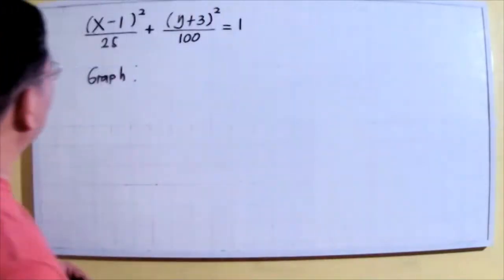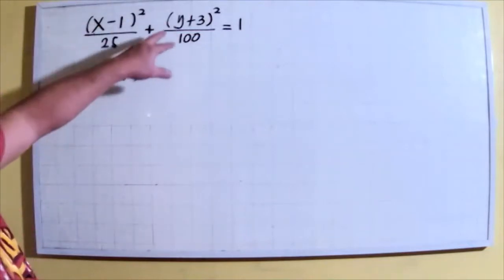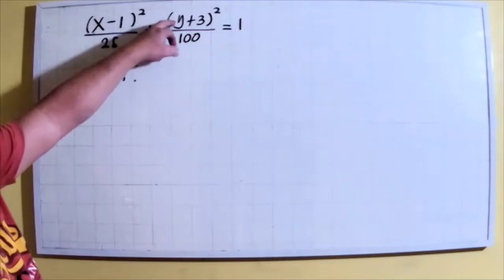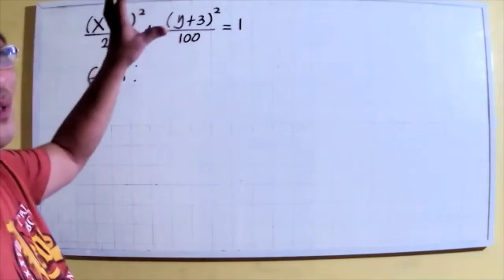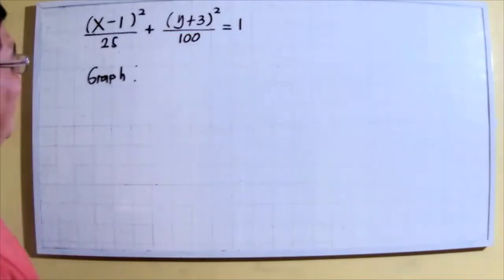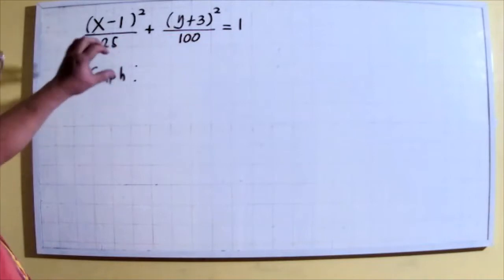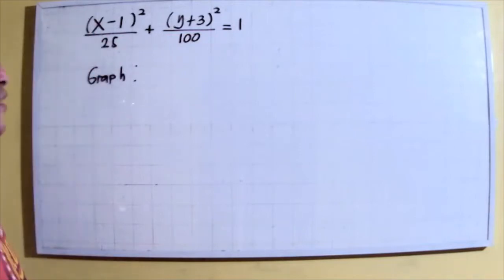By looking at this equation, we can find that the bigger denominator is under the y term. Meaning, if it is under the y term, the major axis will become vertical. And the minor axis is horizontal because the smaller denominator is under the x term.